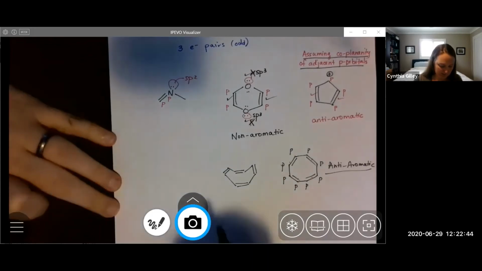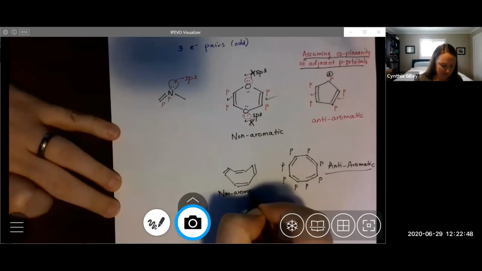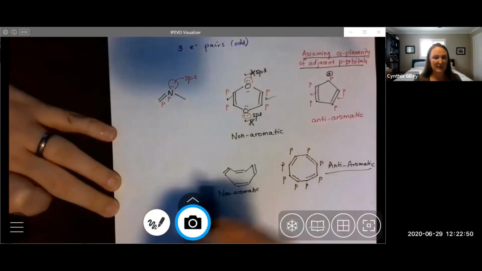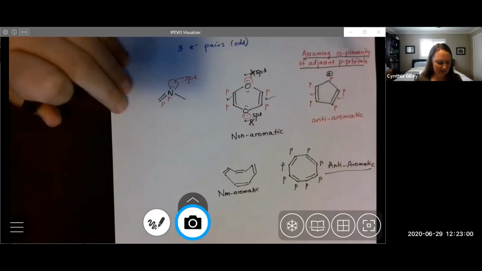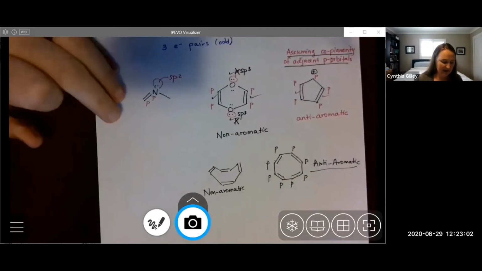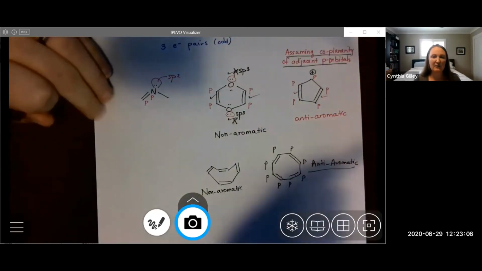So truthfully, it's non-aromatic. If you don't make this assumption, then you're going to say it's not aromatic, but then you have to know that it can be non-planar. And that's kind of hard to know. How would you know as a student? So for me, I would just say, making this assumption, we're going to call it anti-aromatic.